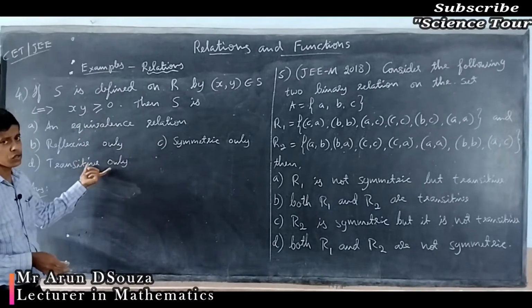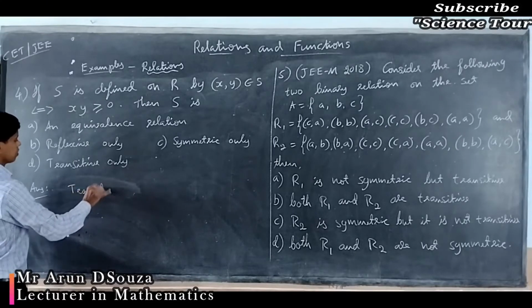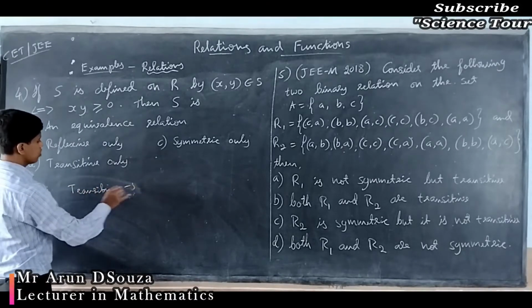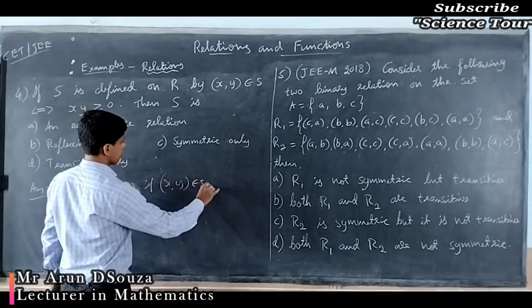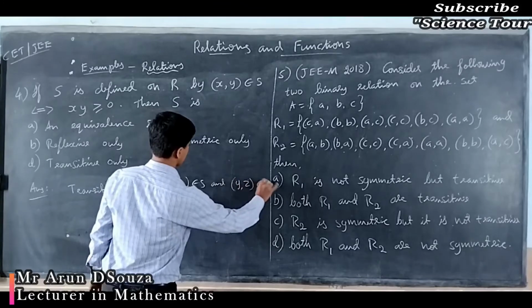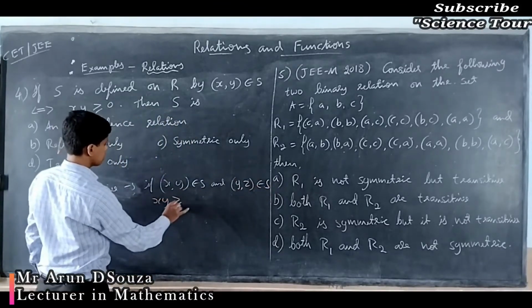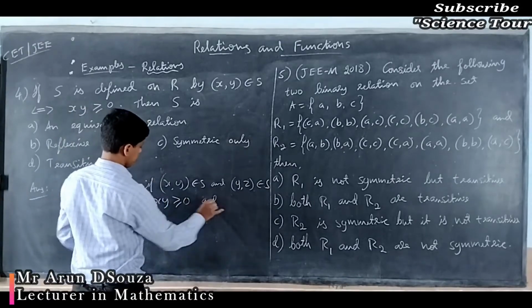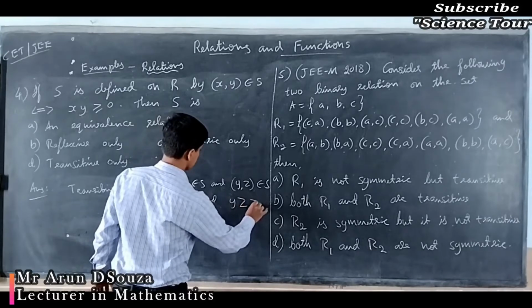But in case you want to check transitivity, let's do it. What do you mean by transitive? Transitive means if (x, y) belongs to the relation and (y, z) belongs to the relation, then xy is positive or equal to 0 and yz is also positive.